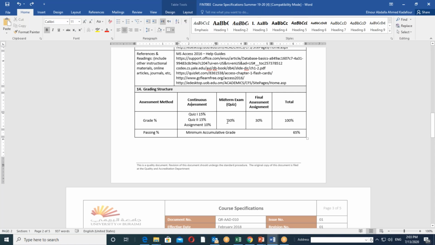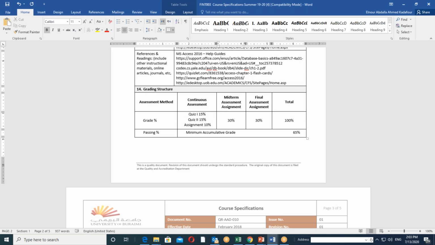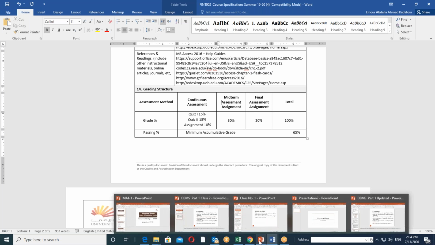It is a type of assessment, same like the final exam. So it will be here, and this is a total of 30 again, the mid-term and the final exam. Total will be 100, and you need just 65 to pass. This material will be uploaded to you after the class or after the session.